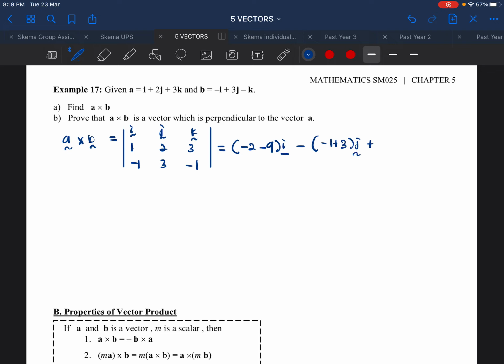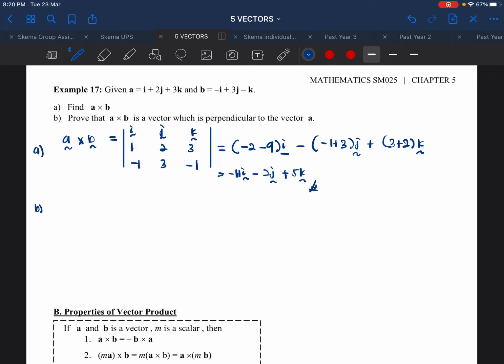And then last one plus, tutup this one, kita ada 3 minus negative 2, ataupun 3 plus 2. Okay, so selesaikan, kita ada negative 11I minus 2J plus 5K. Okay, so ini soalan pertama lah, soalan A.